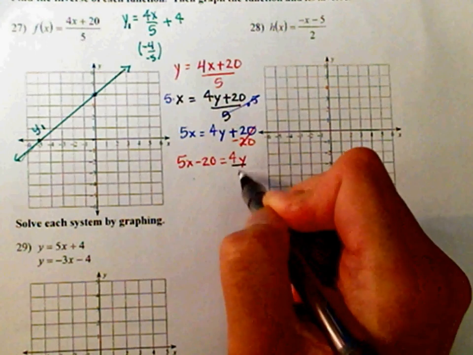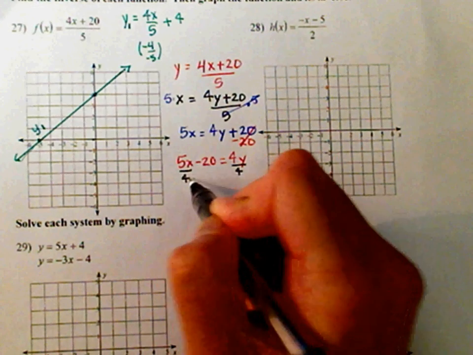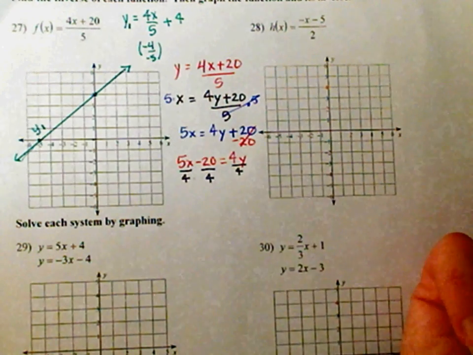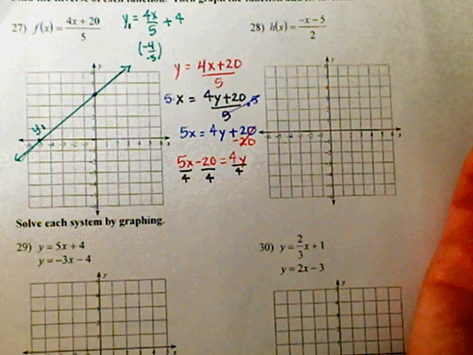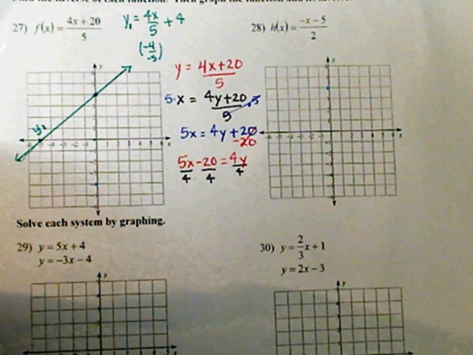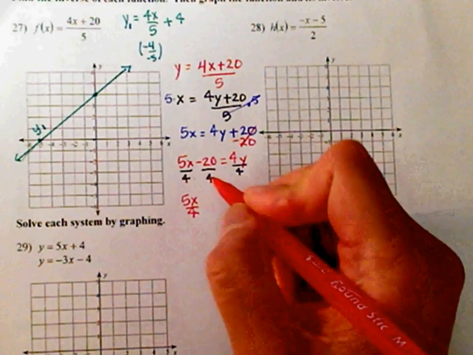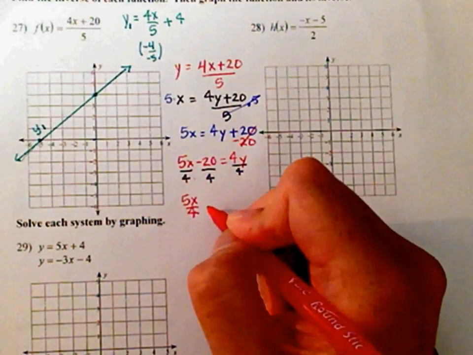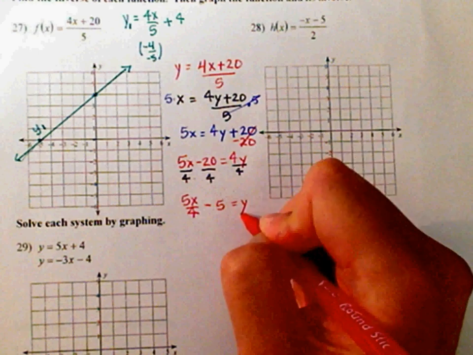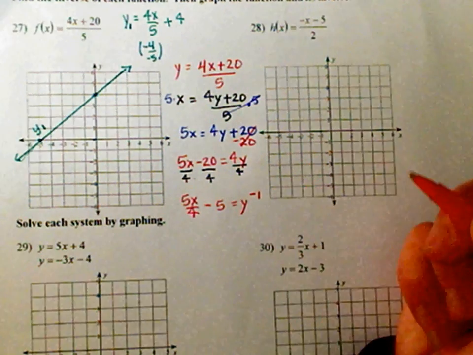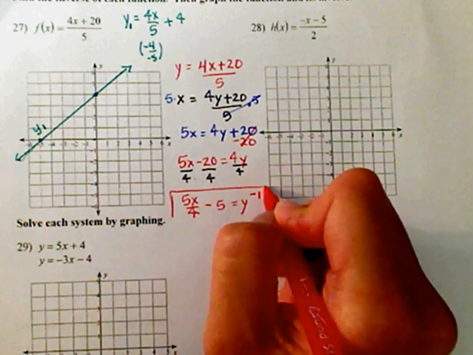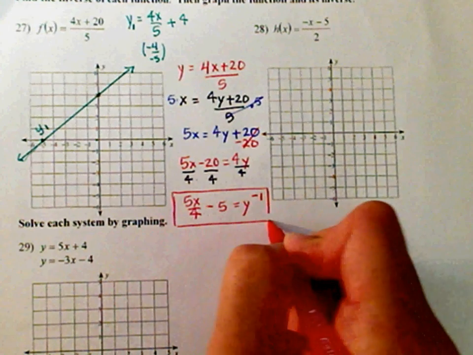Solve for y, divide by 4. Divide by 4. I'm going to separate mine for a reason that makes it a lot easier to graph. And so your final solution is 5x over 4, negative 20 divided by 4 is negative 5, is equal to y. Add a negative 1 to know that this is your inverse function.